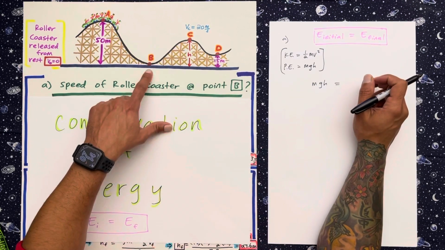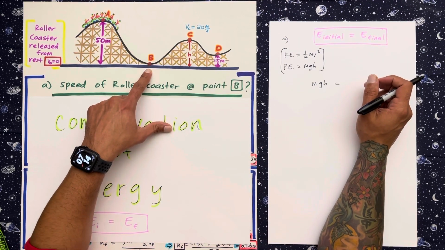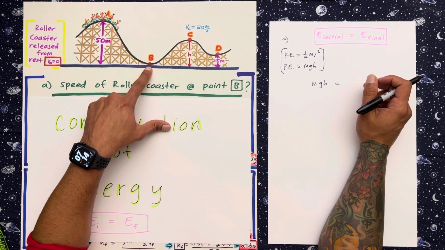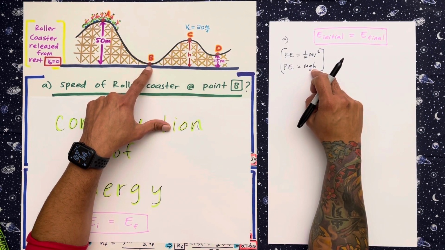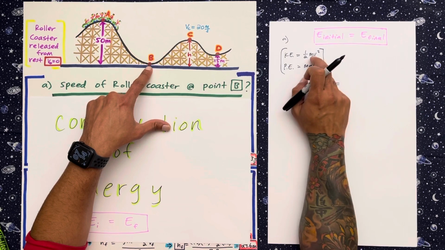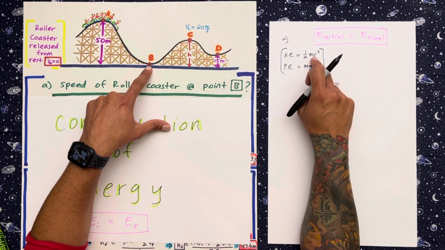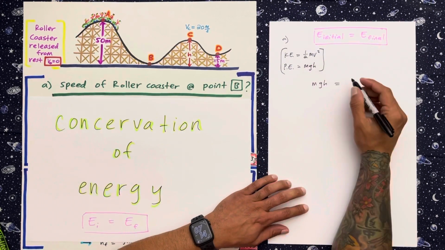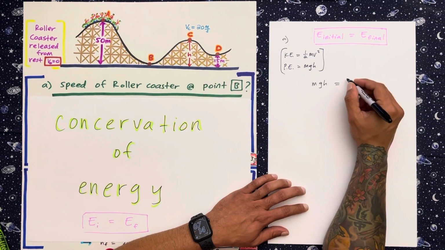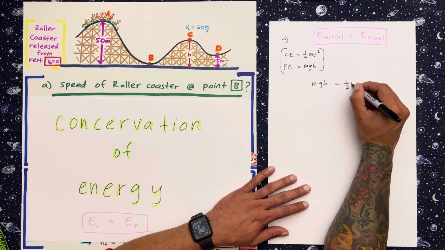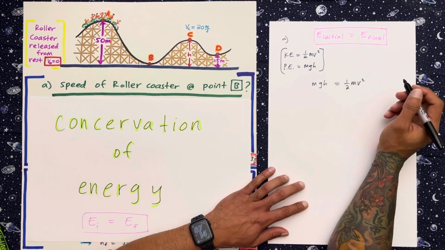So our final point that we're interested in is point B. And what kind of energy do we have down here? Well, we have no height, so it cannot be potential energy. And we are going to be going fast, so we are going to have a velocity. So energy final for the point that we're interested in is 1/2 mv squared.